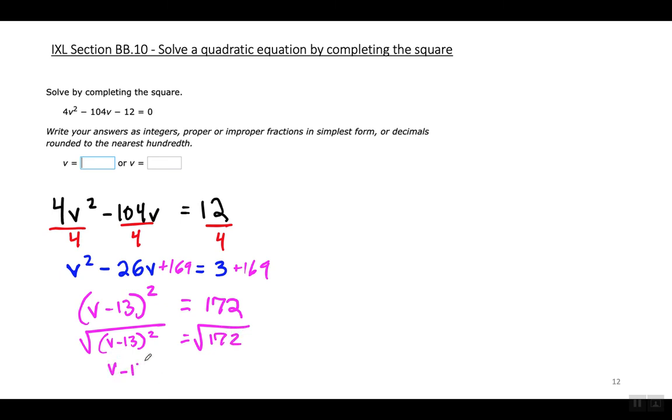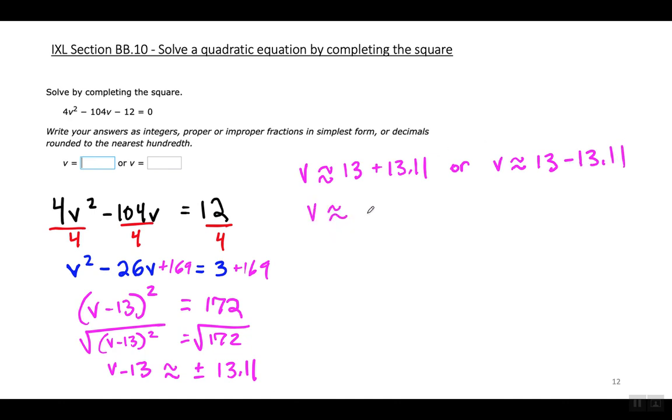So v minus 13 is going to be approximately positive and negative 13.11. So v is approximately positive 13 plus 13.11, or v is approximately positive 13 minus 13.11.